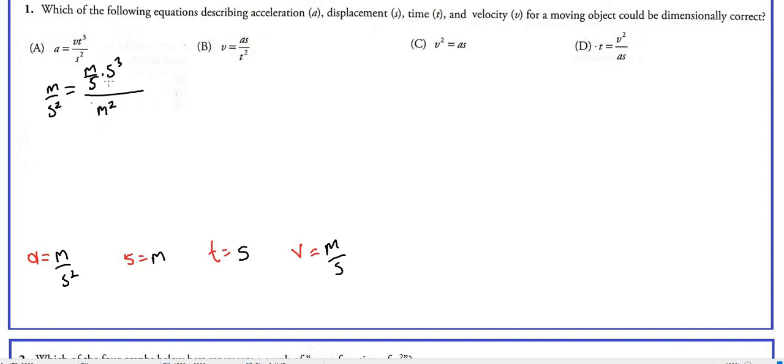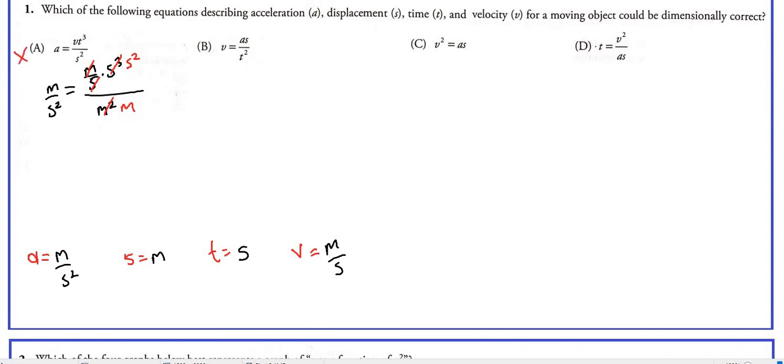Now if we do necessary simplifications, this is going to be second squared, and meter divided by meter squared is 1 over meter. So second squared over meter squared is left on the right side, and on the left side we have meter over second squared, which are not equal to each other.